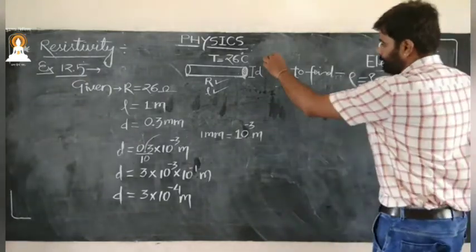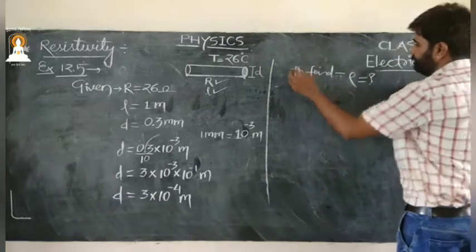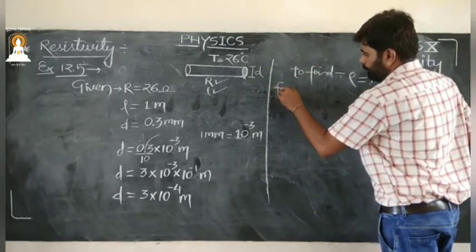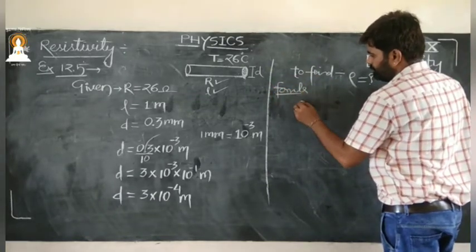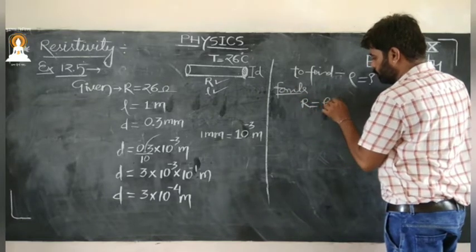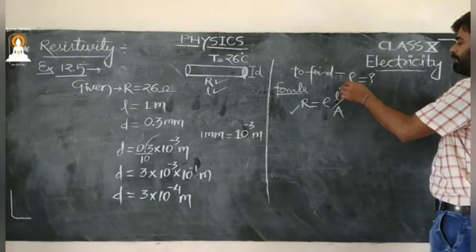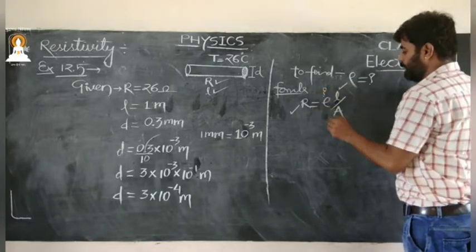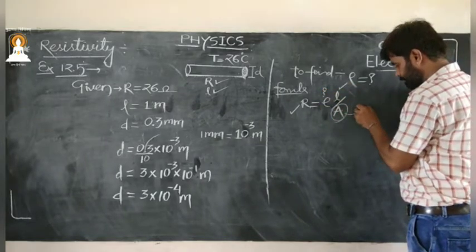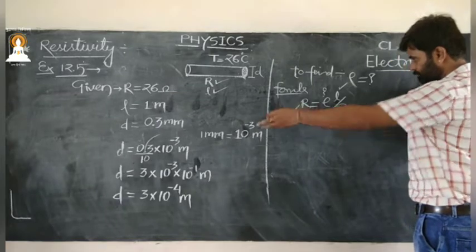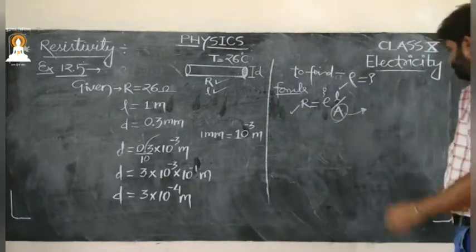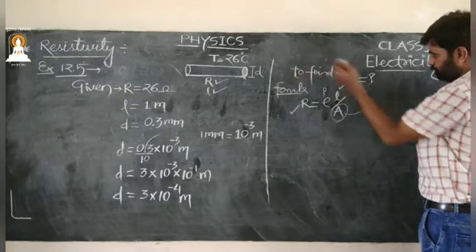Now we know that the formula is simple: R is equal to rho L by A, wherein rho is to be found out. Let us see. We know the area of cross section for a circle.